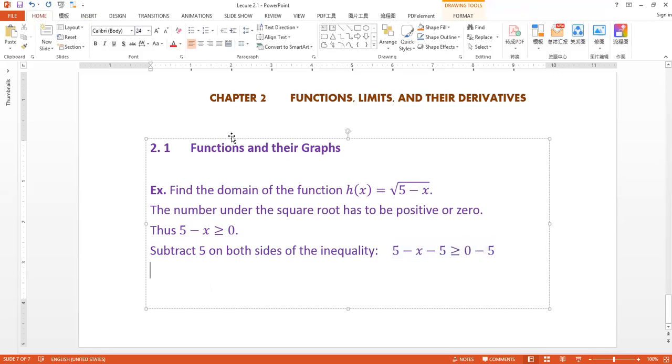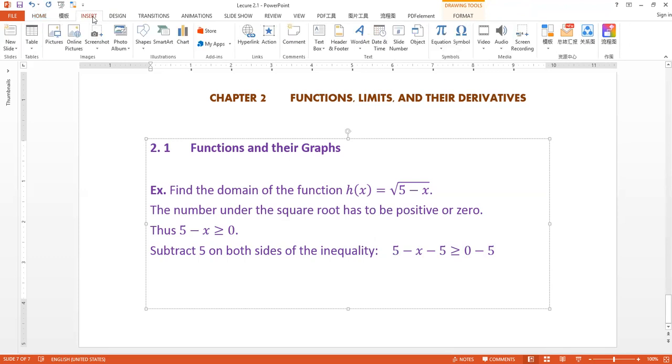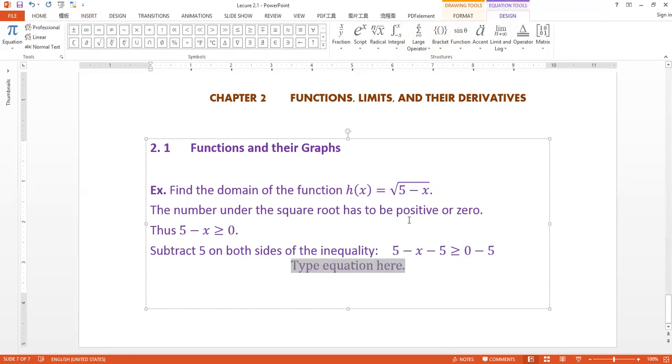So then if you simplify the left hand side, 5 and negative 5 cancel. So we're only left with negative x on the left. And then on the right hand side, 0 minus 5 is just negative 5. Okay.